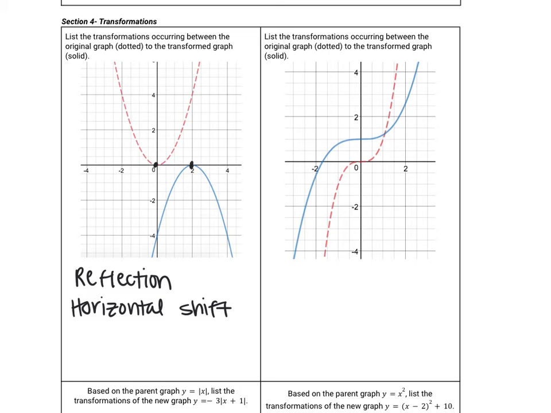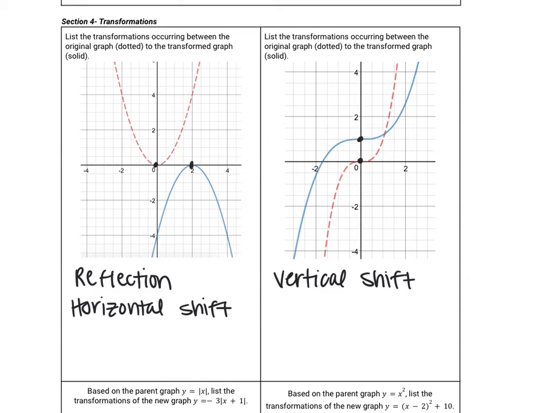So next, we have a graph, and we haven't really talked about its equation, so we don't know what we're basing it off of. But we do have this y-intercept that we're going to use as our kind of point to figure out what we've done. So I do notice that the graph has moved up. So we do have a vertical shift. Okay.